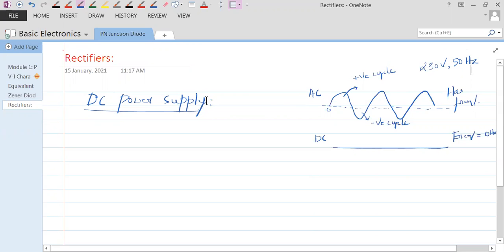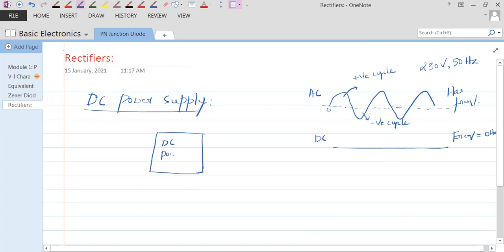And in such DC power supplies, we find rectifiers as one of the parts. So what is DC power supply? It takes this AC signal and gives us this regulated DC. Everybody just can copy this.